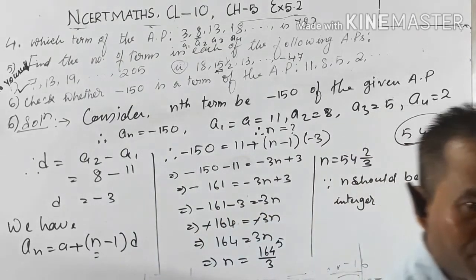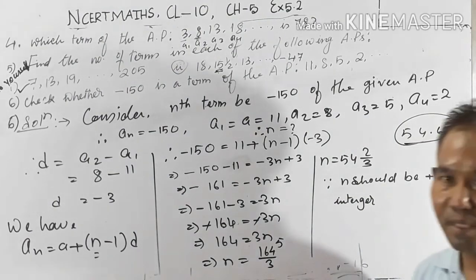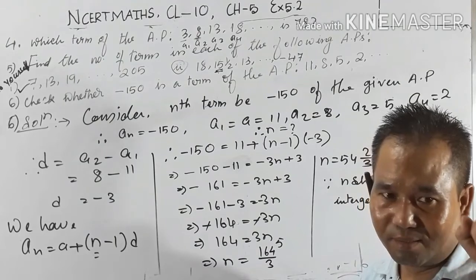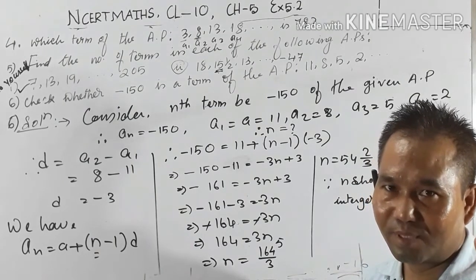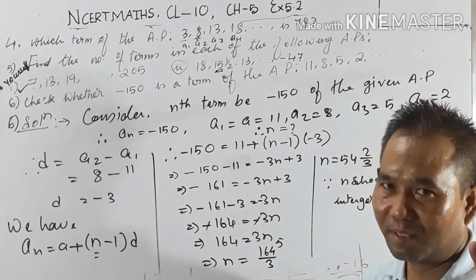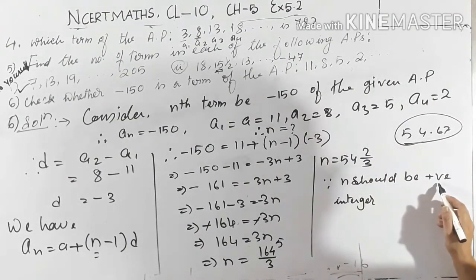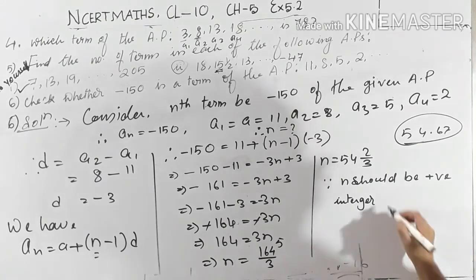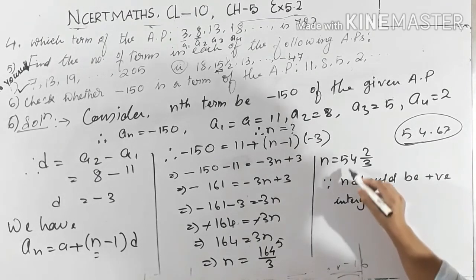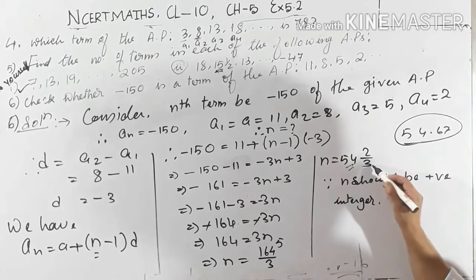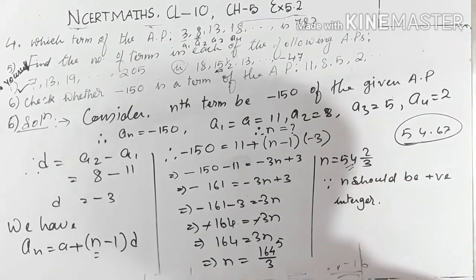How many types of integers do we have? We have three types: negative integers, zero, and positive integers. What I have written here is that n should be a positive integer. It is positive, but it will be a decimal, so it is not an integer.